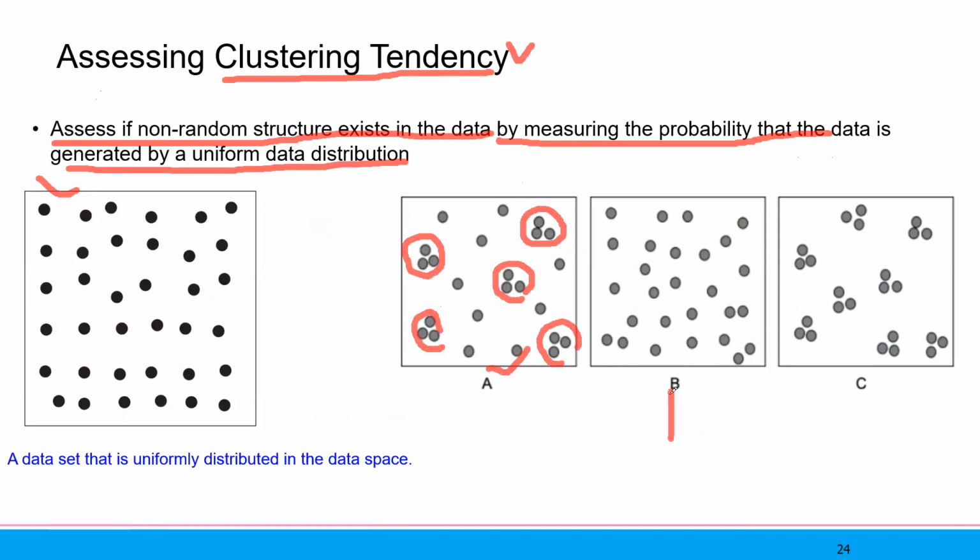But in the B, the tendency is low. In the C, the tendency is higher, because you can look at this one. So this kind of tendency you need to evaluate beforehand. Visually, we can see from the visualization.